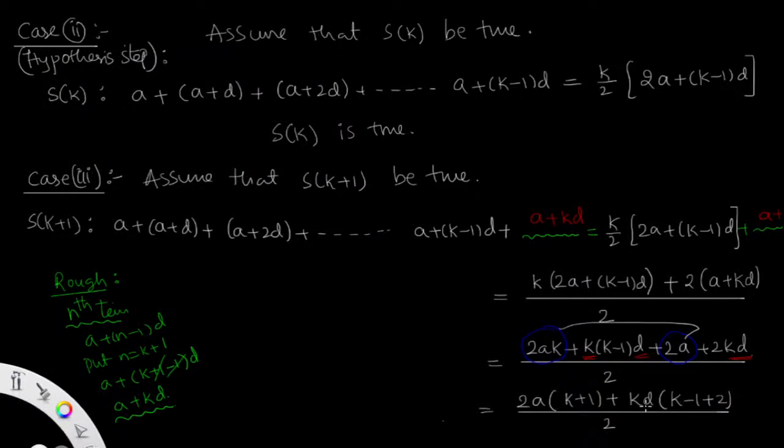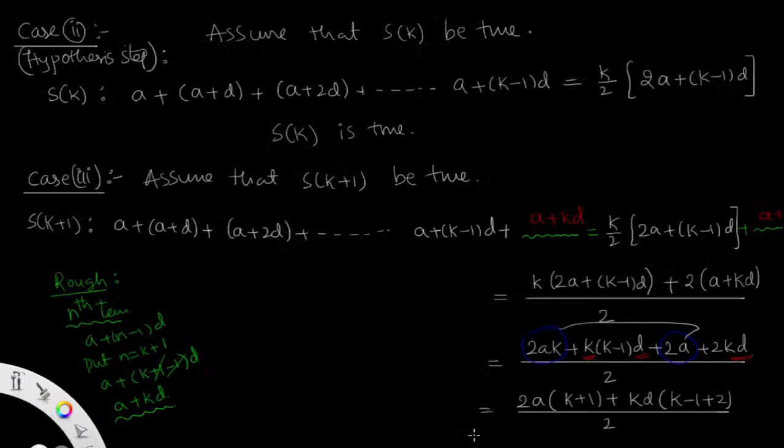So that is in terms of K plus 1. So write as here 2A into K plus 1 plus KD into K minus 1 plus 2, which means K plus 1, divided by 2.